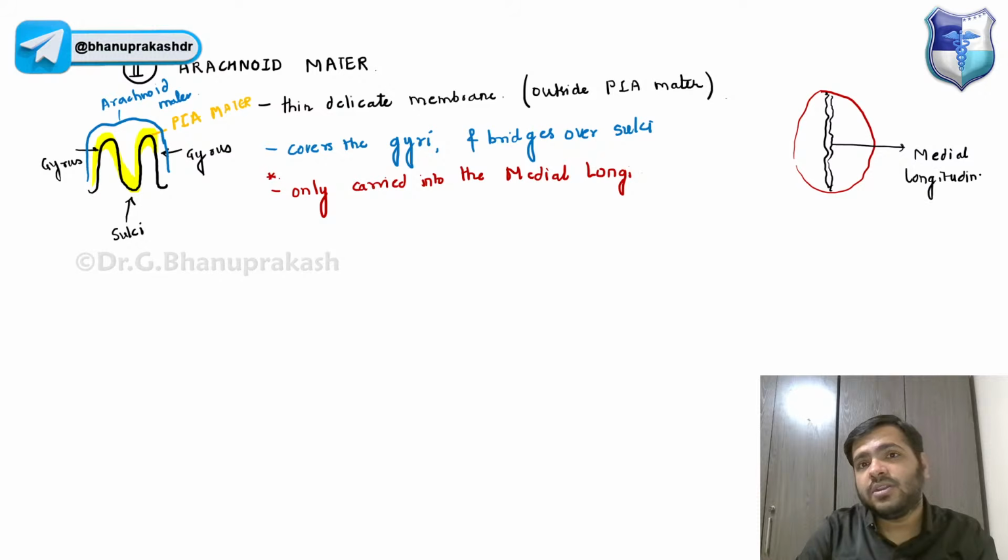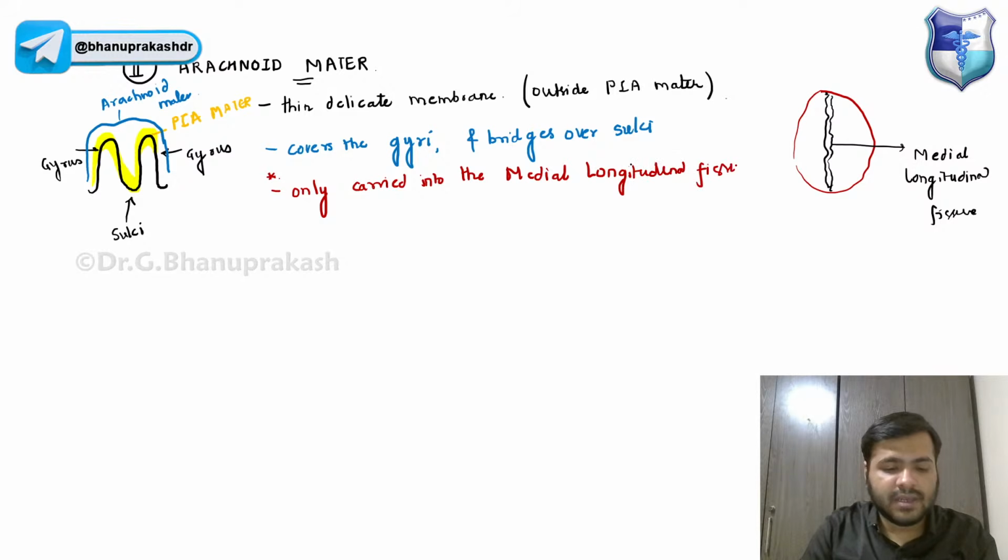So this arachnoid matter goes into this medial longitudinal fissure. That is something you have to remember, and that is by the falx cerebri. Just the special name, the falx cerebri over here.